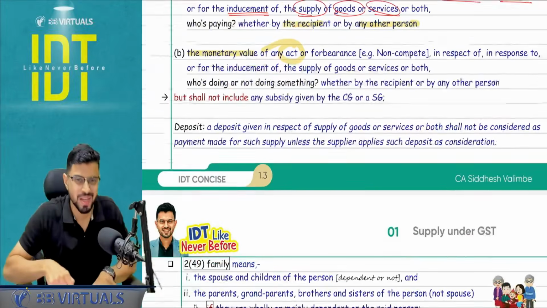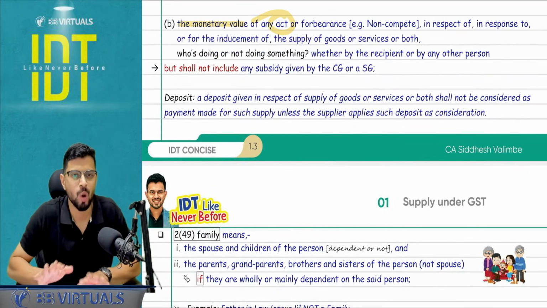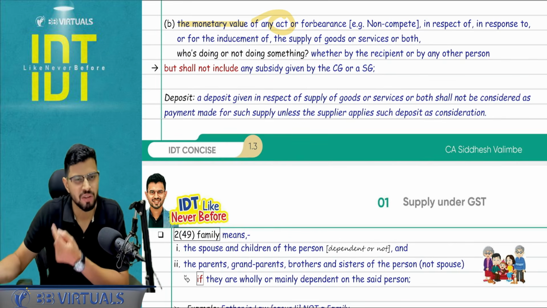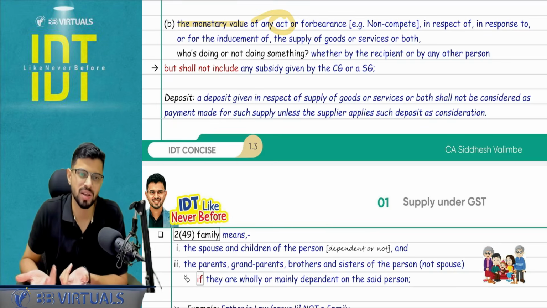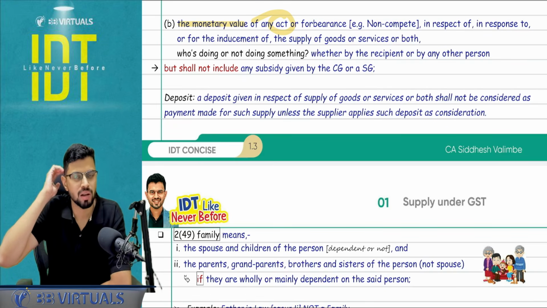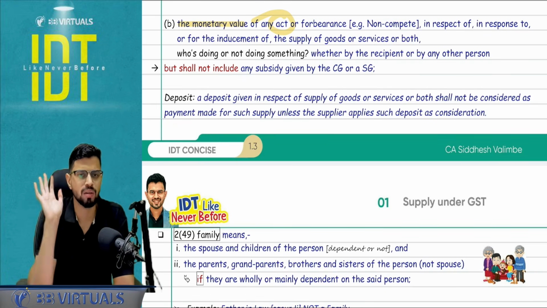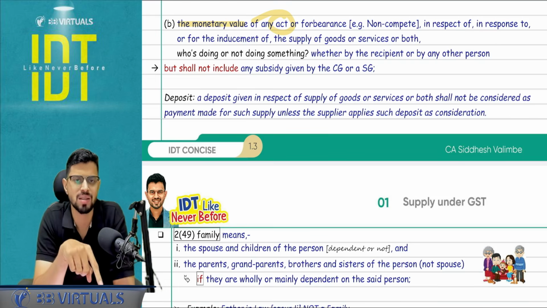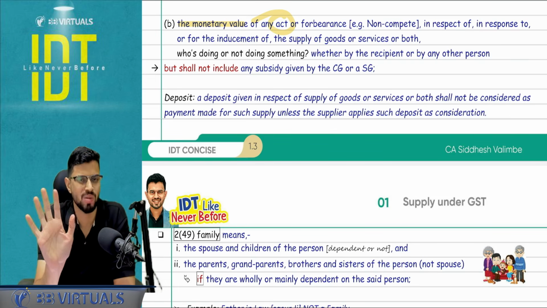Sir, deposit, they have given a line which is purely common sense. Sometimes for rent agreements, I have to give a deposit, which is generally returnable. So it is not consideration. But if the owner, let's say the landlord to whom I have given the deposit, if that supplier applies the deposit as a consideration, it is a consideration. It's common sense.